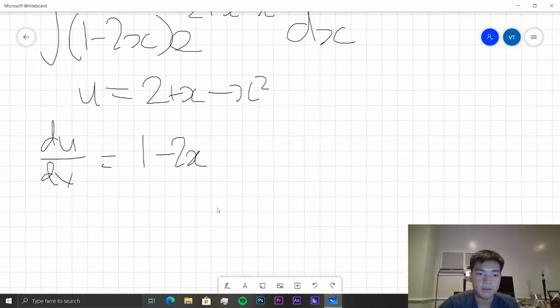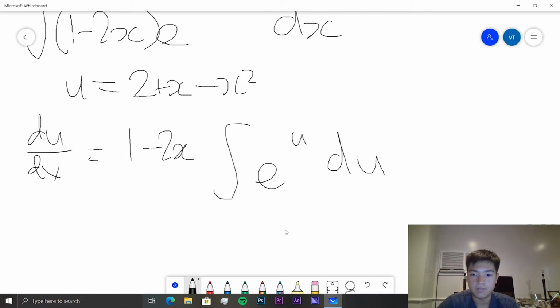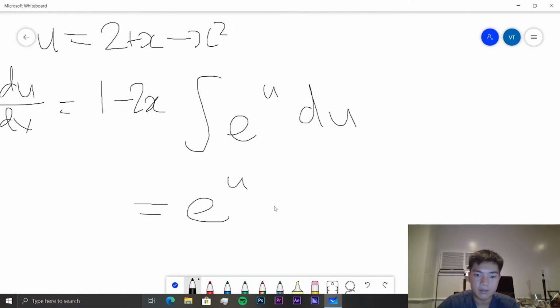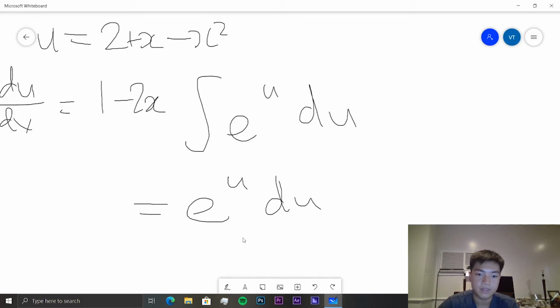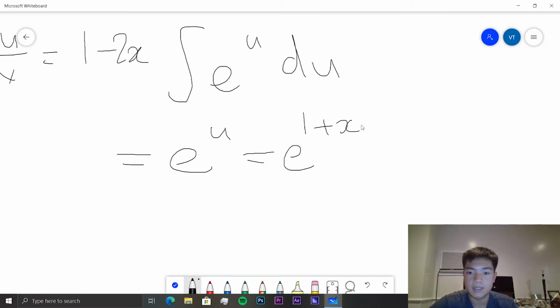So we can divide the original equation by 1 minus 2x. So then we get simply e to the u du. If we integrate e to the u du, we simply end up with e to the u. So this entire thing is simply equal to e to the (2 plus x minus x squared) plus c.